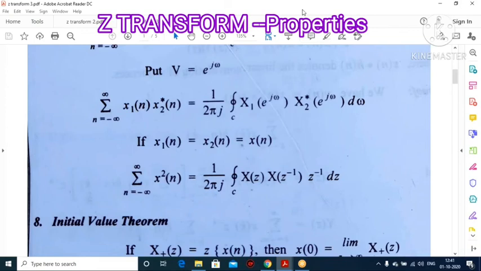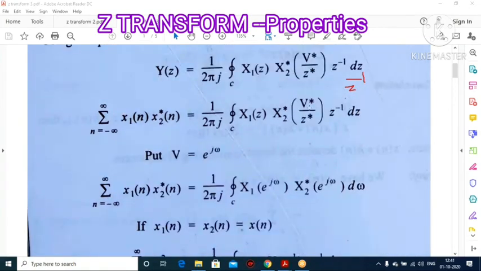Listen, there is some mistake here. So here you have the z inverse term also. Z inverse into dz. Okay, we substitute here v equal to j omega, meaning now this term becomes e power j omega. Actual of z x2 star of v star by z star, now v star by z star, so e power j omega, right?